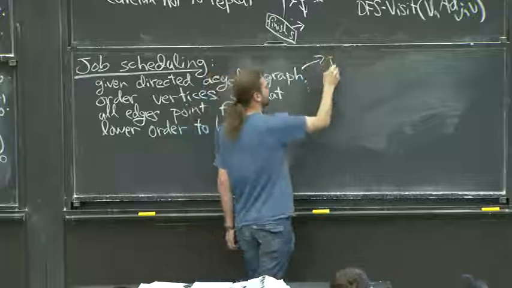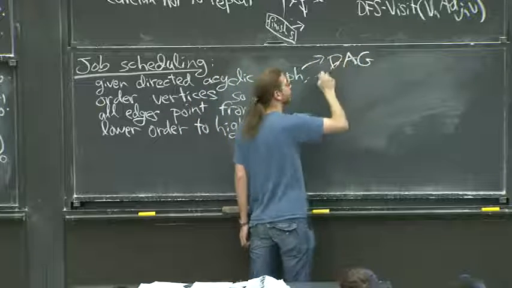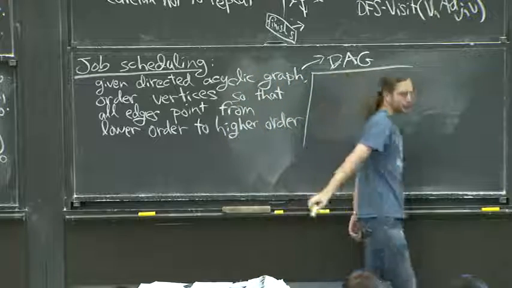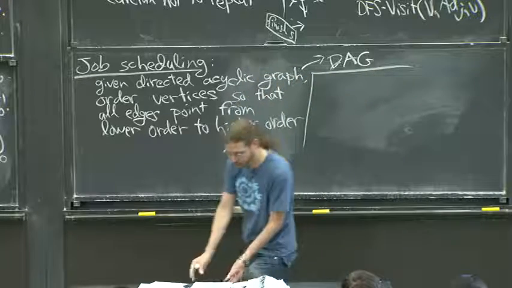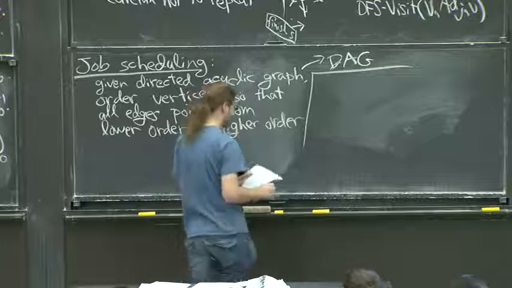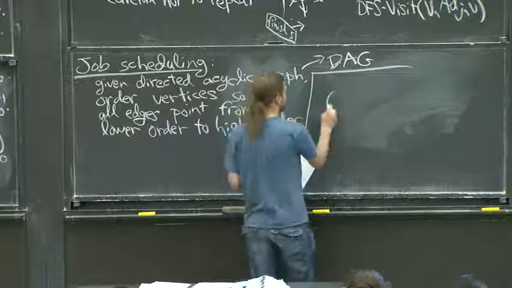A directed acyclic graph is called a DAG. You should know that from 042. And maybe I'll draw one for kicks. Big graph.